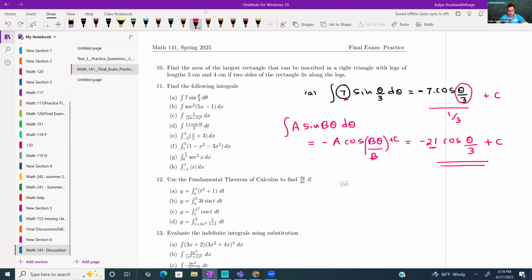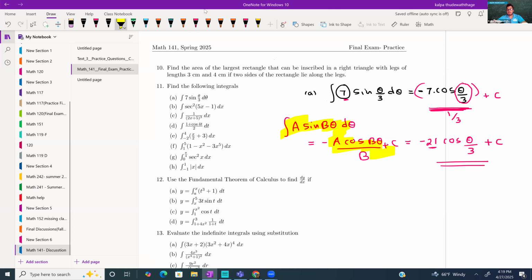You have to have everything divided by b, not just the angle. So cosine b theta over b, not just the angle. So look at this. I divide the entire expression by b, like the 1 over 3. This is the formula you can use.